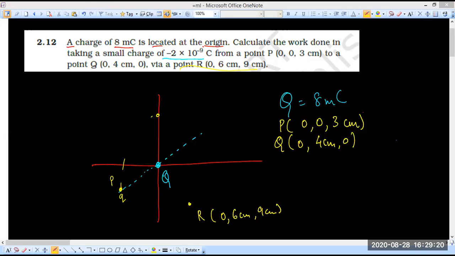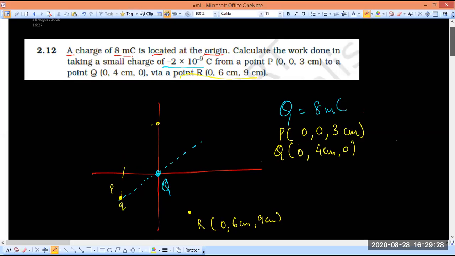That does not change the question, no. Again, I'm saying that it is given that there's a small charge here at P. We take it from P to this point Q, which is 0, comma 4, comma 0, but via R. So first we take it there, and then we take it there, right? 2 steps.